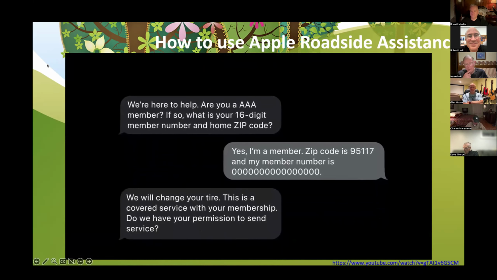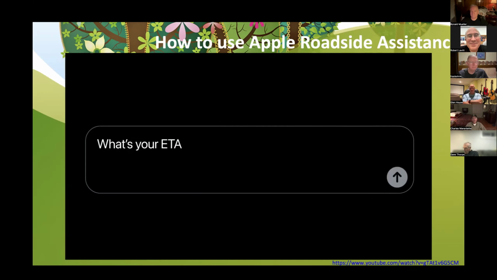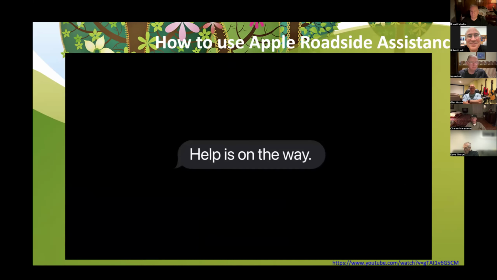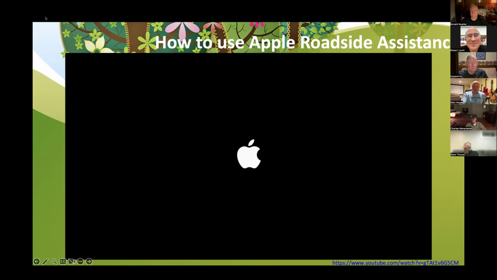They'll message you directly and you can text back and forth about the assistance needed and any payment required. Help is on the way. Available on iPhone 14 and iPhone 15 in the US only. Free for 2 years with activation of a compatible device. Some sequences in this video were shortened. To learn more about how to use your iPhone, subscribe to our Apple Support YouTube channel or click another video to keep watching.